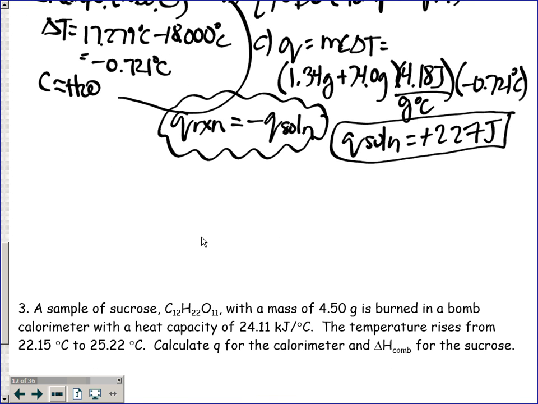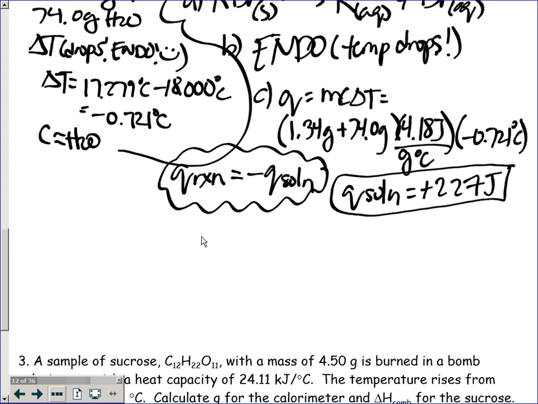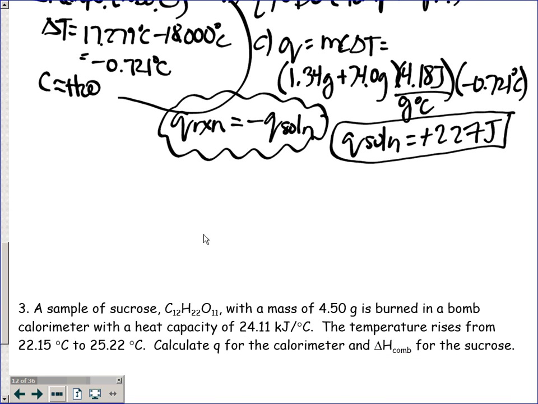Yeah. This is an ion. These are in solution processes, so they're not poofing into gases. They're still in their ion form.